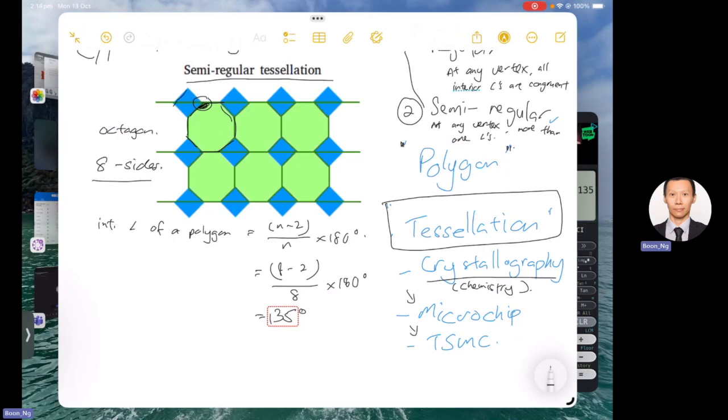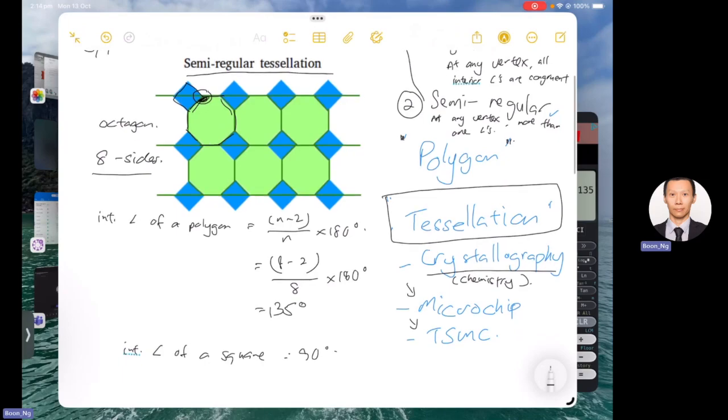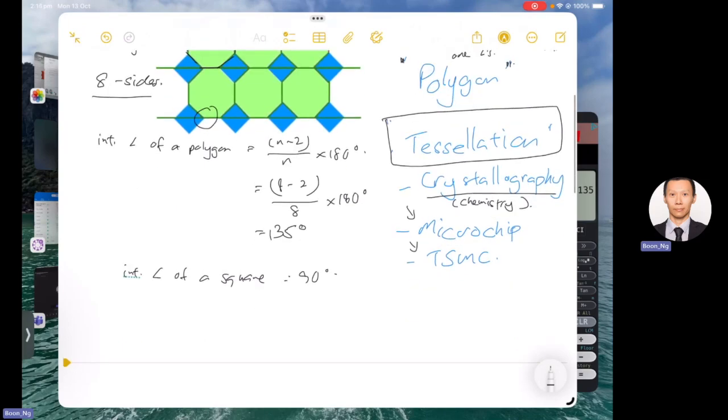And we have this square, and we know that the interior angle of a square is 90. So you can see in this semi-regular tessellation, there are two interior angles at one vertex.